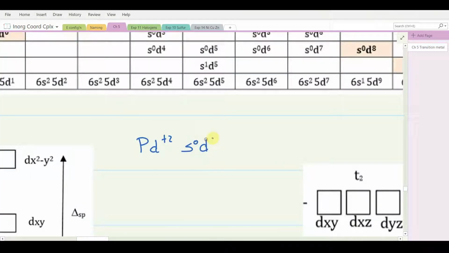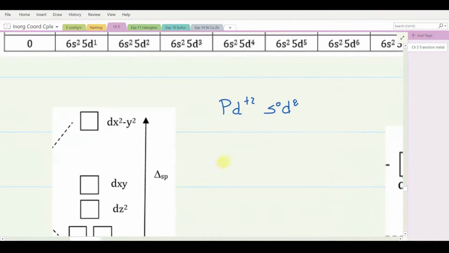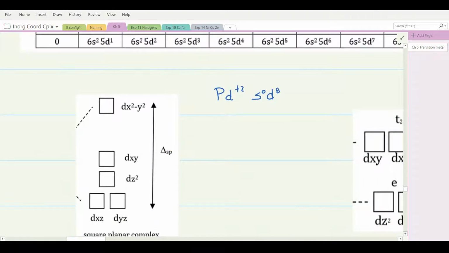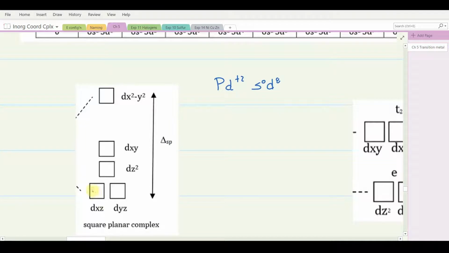We have 8 d electrons to fit in here. Let's fit them first into the square planar electron configuration box diagram. 8 electrons, 1, 2, 3, 4. Large energy gap, 5, 6, 7, 8.